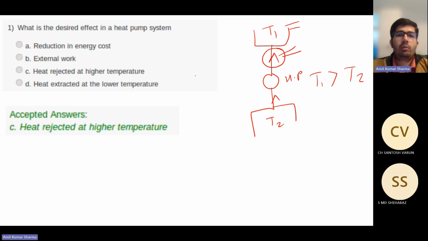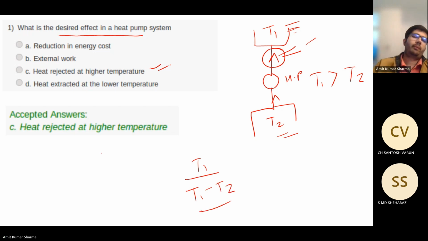So we will draw heat from T2 and sink that heat to the T1 side. So basically the heat rejected at higher temperature is our main concern. That is the desired effect in a heat pump, and the COP of a reversible heat pump will be T1 upon T1 minus T2. COP for heat pump.